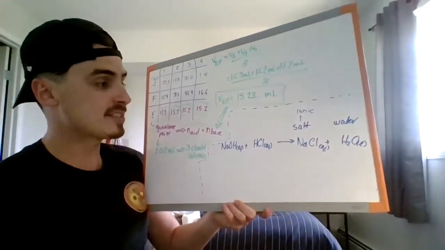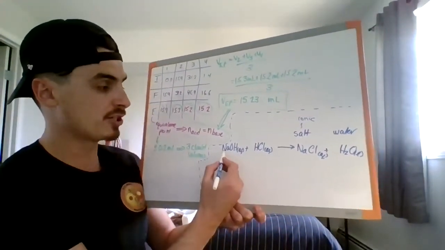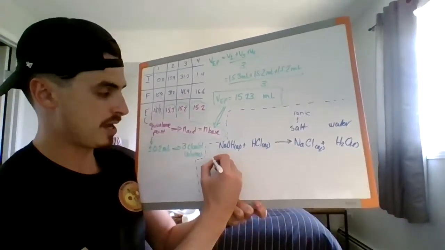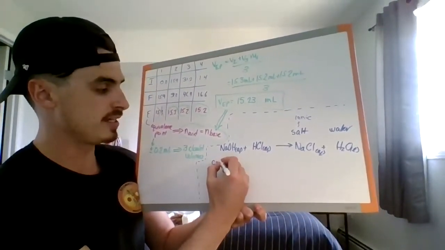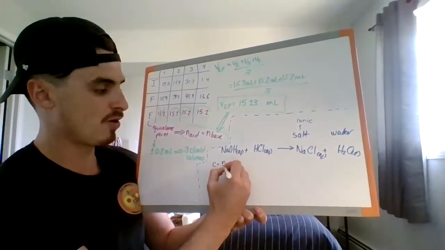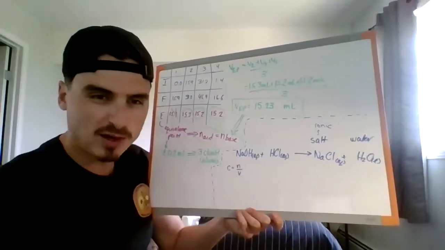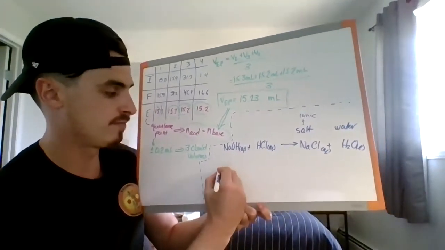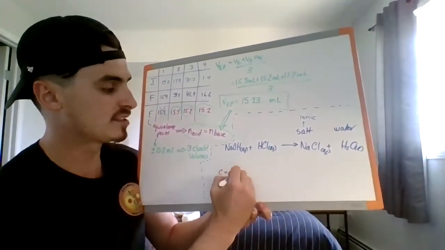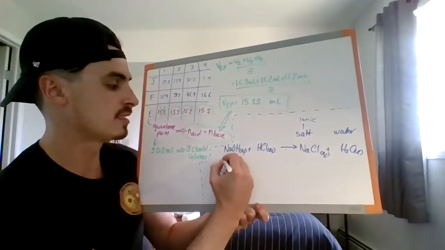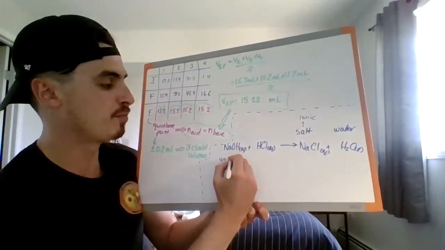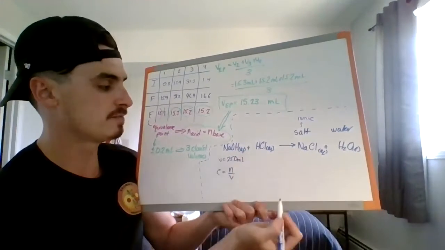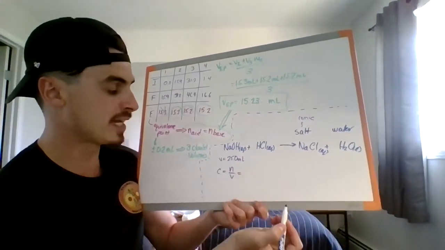Now, it's asking me for the concentration of NaOH, okay? And I know that concentration is moles over volume. If I look at my question, does it give me a volume of NaOH? Yes, it does. What's that volume? The volume is 25.0 milliliters. Okay, do we like milliliters?